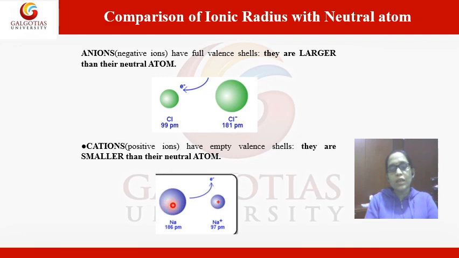Here there are 11 protons and 11 electrons, but in sodium plus there are 11 protons and 10 electrons. So in this case the effective nuclear charge increases. As the effective nuclear charge increases, cations have a smaller size than the neutral atom.